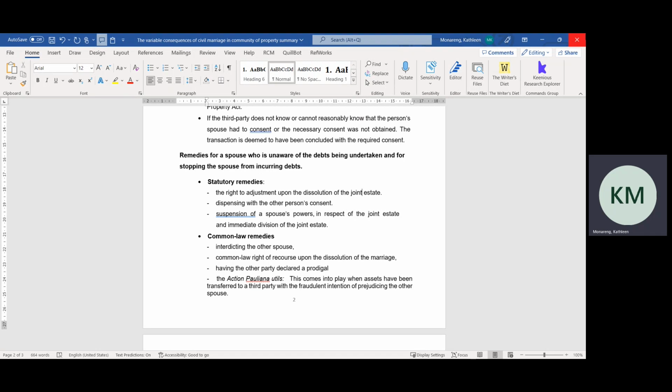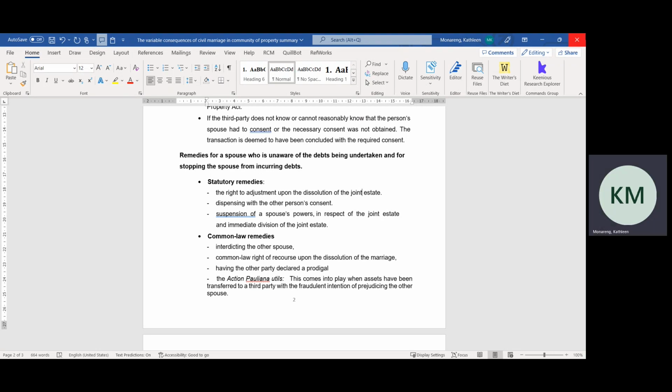And then the other remedy is to request the court to suspend the other spouse's powers in terms of their joint estate, and to also order immediate division of the joint estate. And this immediate division is done without actually dissolving the marriage.